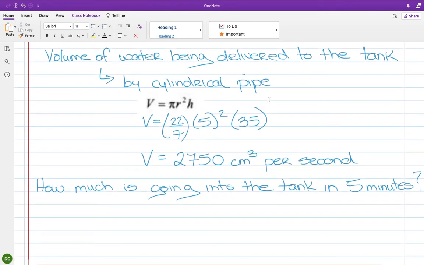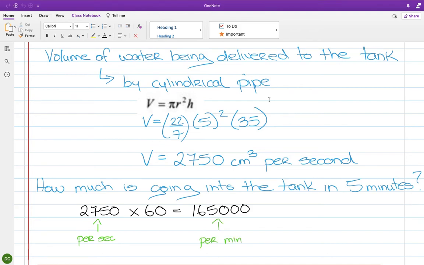Okay, so if I take 2,750 and multiply it by 60, remembering that this is per second. So if I multiply it by 60, 165,000, that's how much is flowing in per minute.